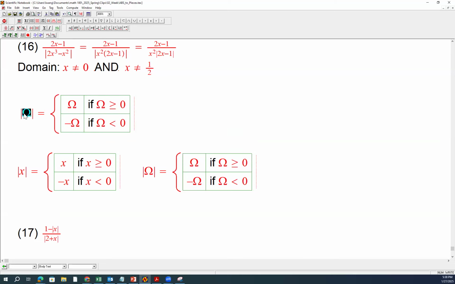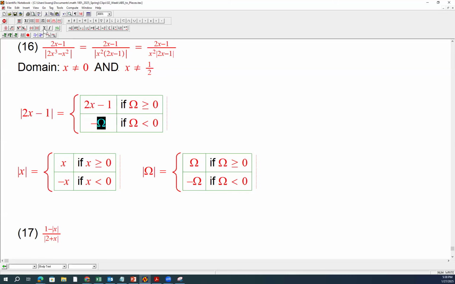So omega now is 2x minus 1. This piece, omega, is replaced by 2x minus 1.